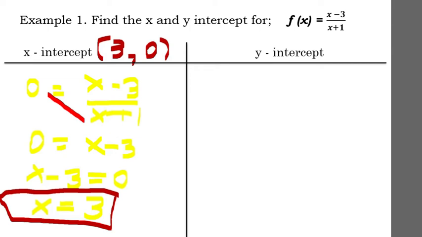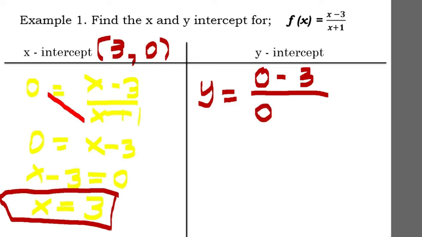Okay, so finding the y-intercept. In finding the y-intercept, we're going to let the value of x equal to 0. And therefore, y is equal to, we replace x with 0, so it becomes 0 minus 3 over 0 plus 1. Remember that y is the same as f of x.